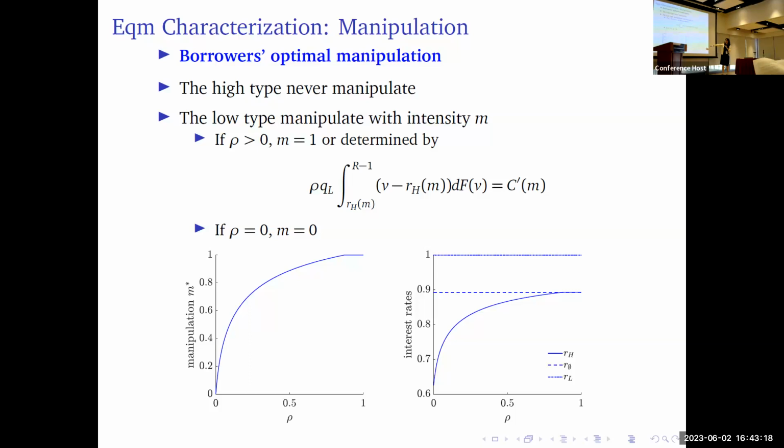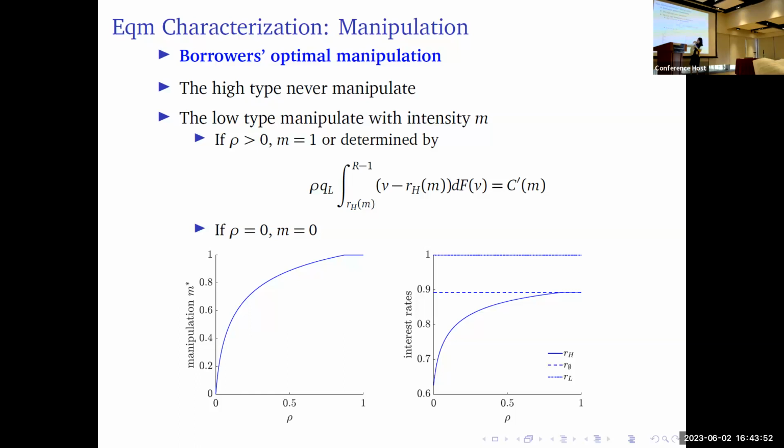I won't bother you with that. Let's look at the picture. This picture shows you how the low type's manipulation is affected by the lender's data technology, rho. Remember, the higher the rho, the more advanced the lender's data technology is. So when the lender adopts more advanced data technology, the low type will be more likely to manipulate their digital profile.